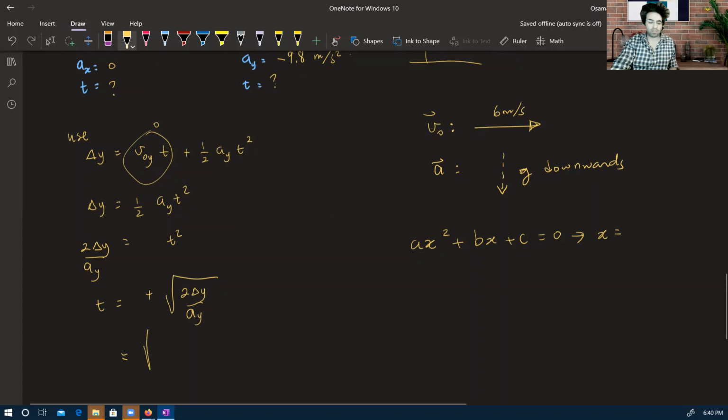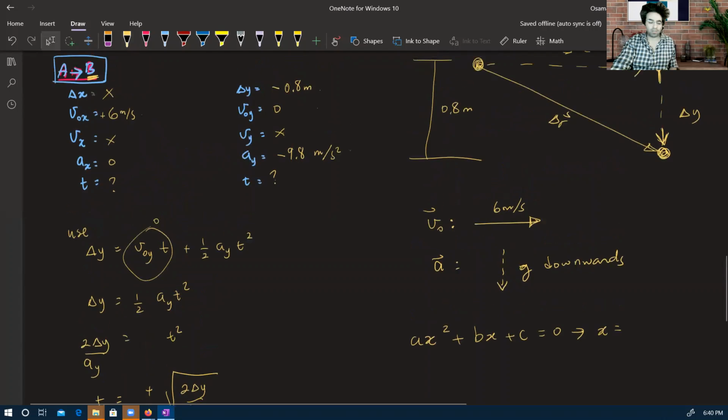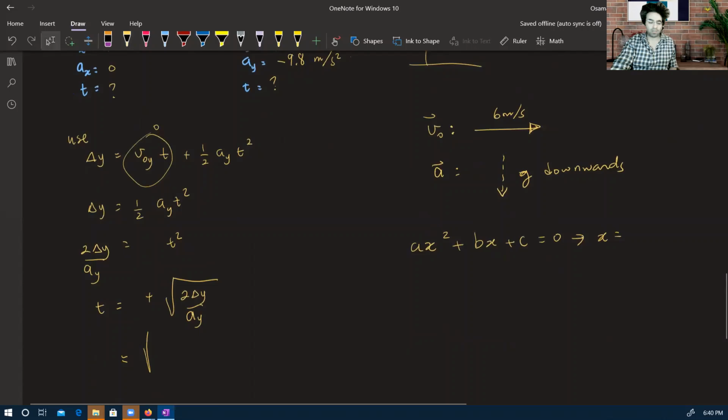So that's the square root of twice delta y. Delta y was negative 0.8 meters, so that's twice negative 0.8 meters, divided by the acceleration, which was negative 9.8 meters per second squared. And I can figure this out.